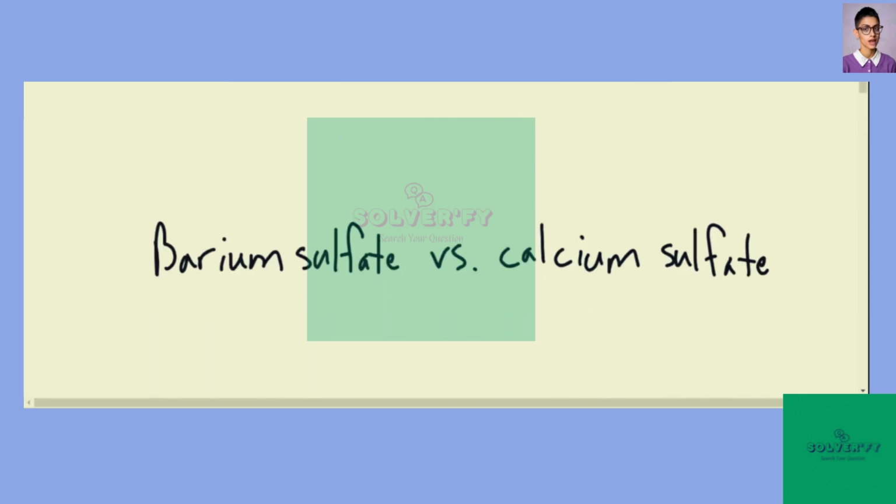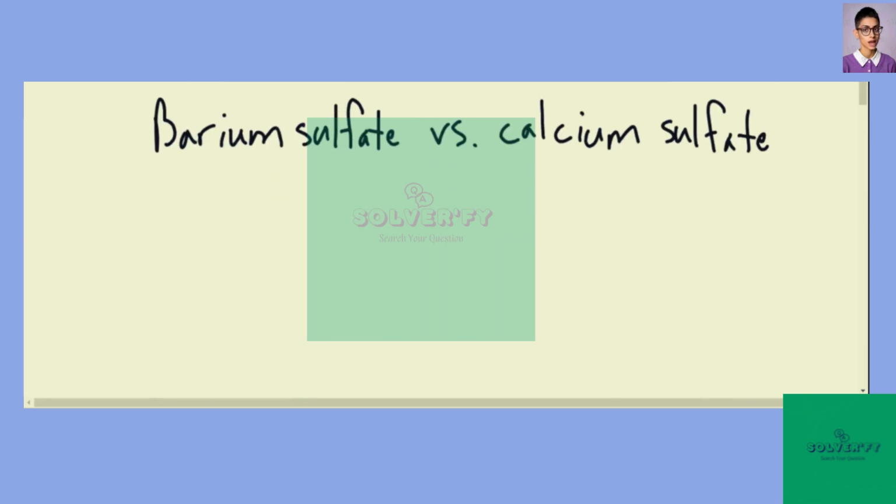is more soluble. So if we take a look at letter A here, we're comparing barium sulfate versus calcium sulfate. They both produce an equal number of ions upon dissociation in water, so we can compare the Ksp values directly.